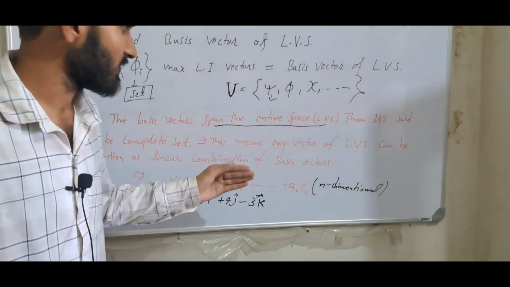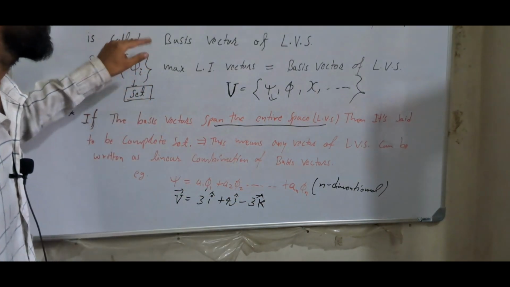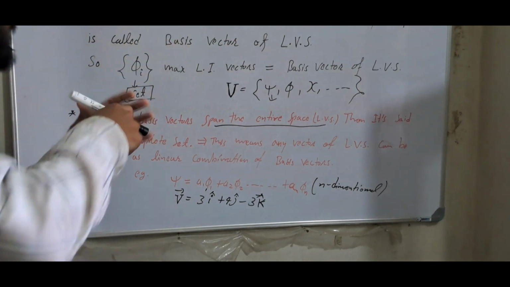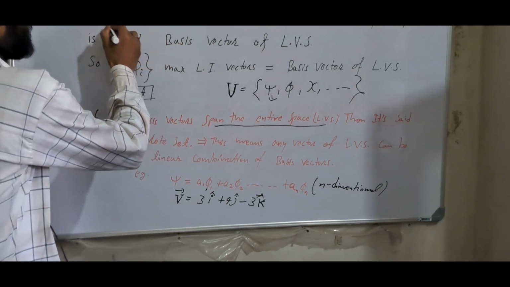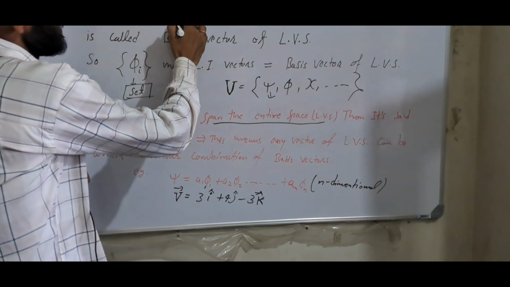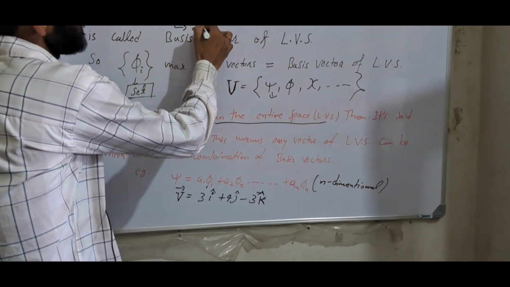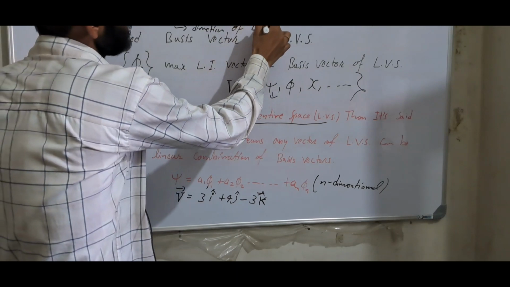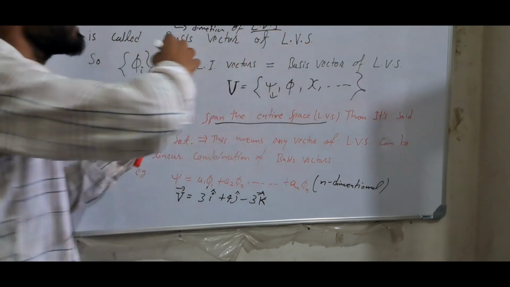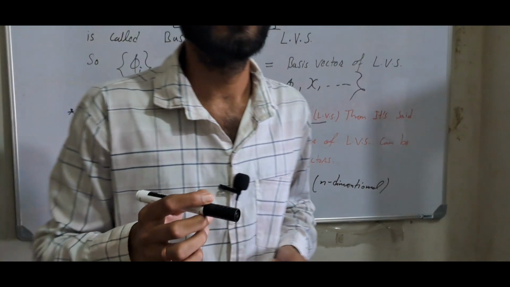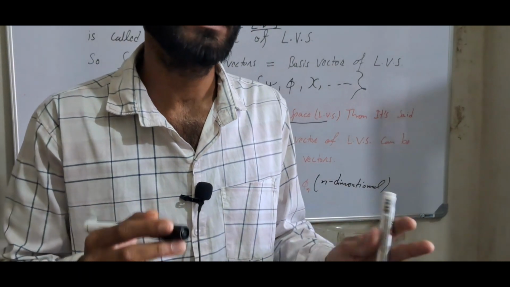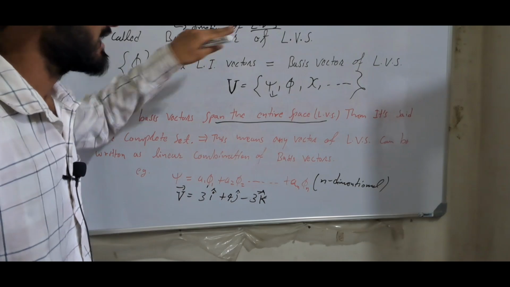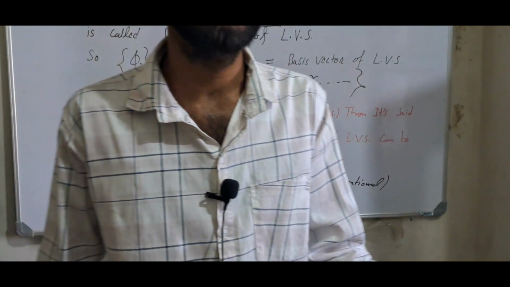If you think about it, this maximum number represents the dimension of the LVS: how many linearly independent vectors belong to this particular vector space. This maximum number is actually the dimension of the linear vector space.